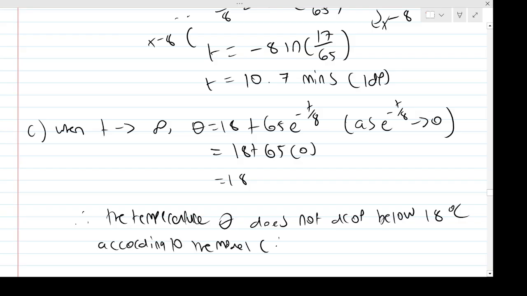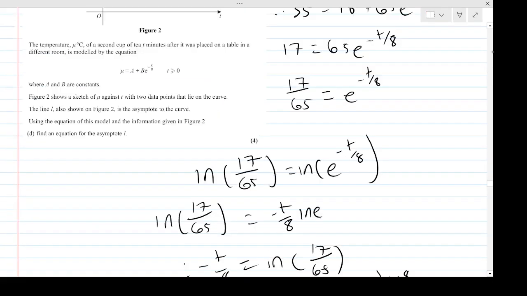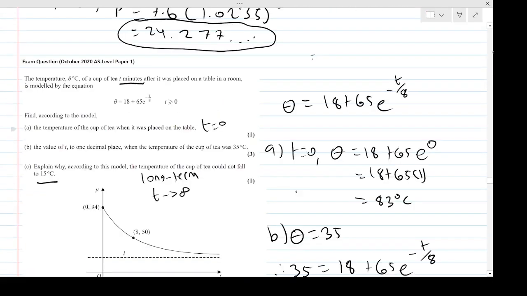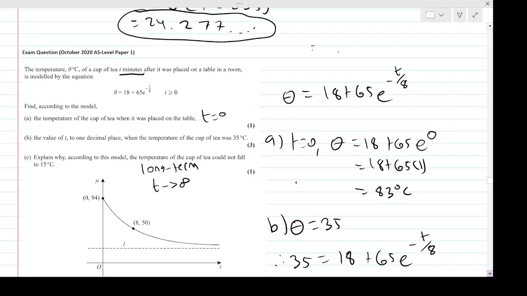So therefore it does not reach 15 degrees, because the question talked about if it went to 15 degrees, not 18 but 15 degrees, and that's my answer there. Okay, we're going to build on that more.